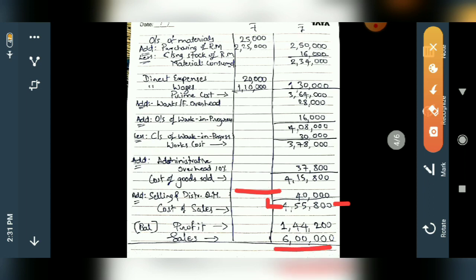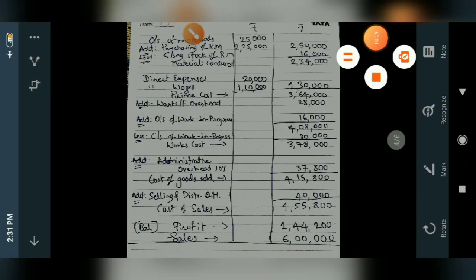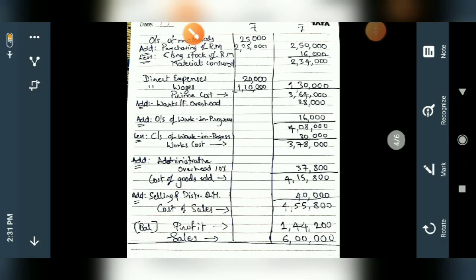So sales amount you are going to write first, then 6 lakh, this 6 lakh minus 4,55,800 cost of sales, you will get this profit amount. Okay, so note this particular problem, solve it first by referring to your format, and you should be able to solve it without seeing the notebook. Okay, so let us move on to one next problem.